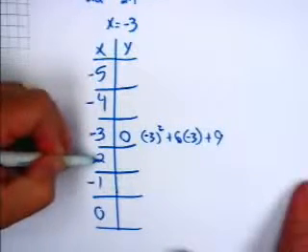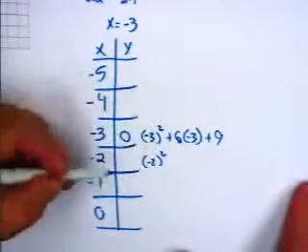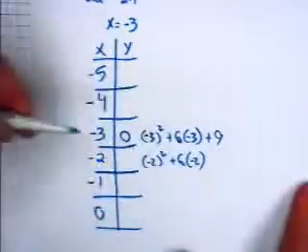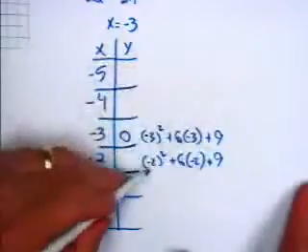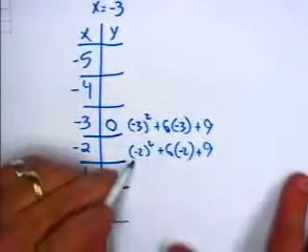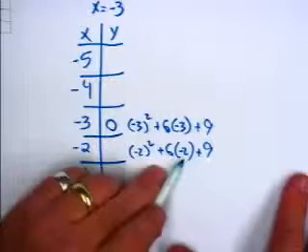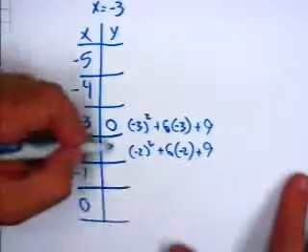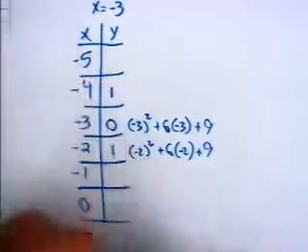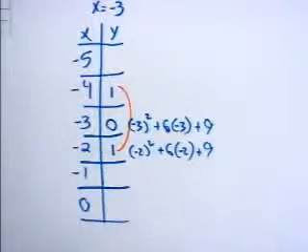Negative 2: it's negative 2 squared, plus 6 times negative 2, plus 9. That gives us 4, plus negative 12 is negative 8. Negative 8 plus 9 is 1, and that's going to be 1, because I know those two have to match.